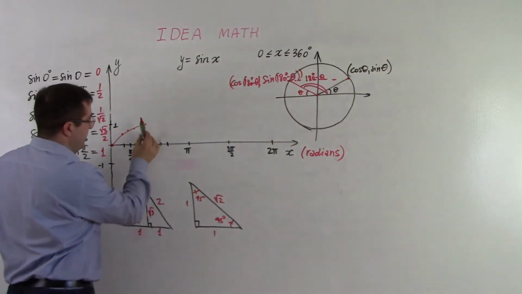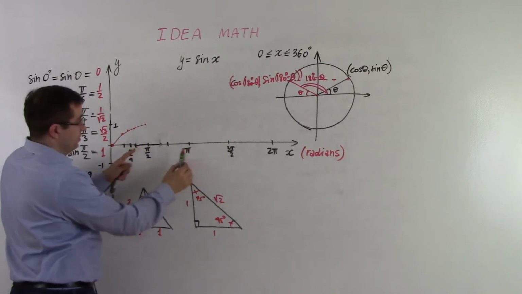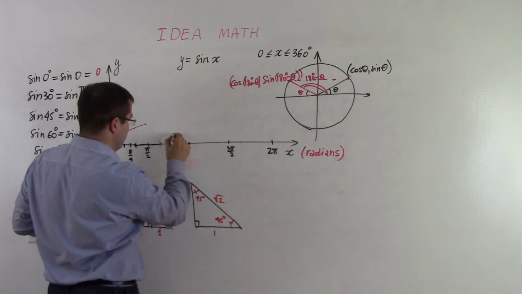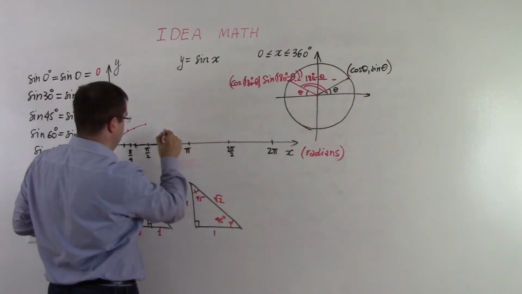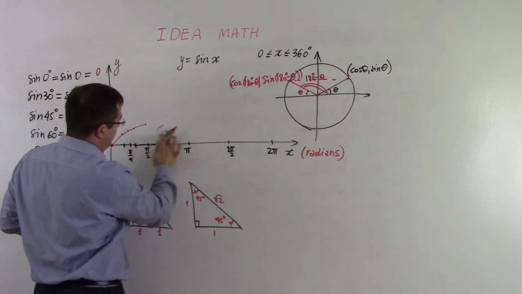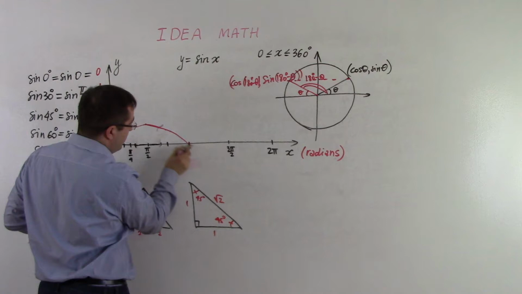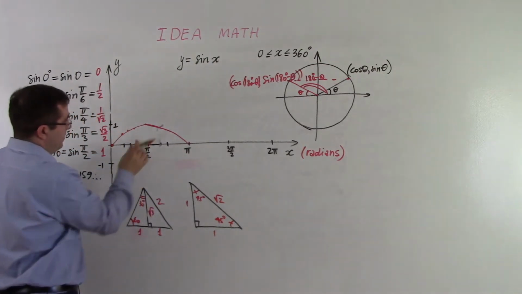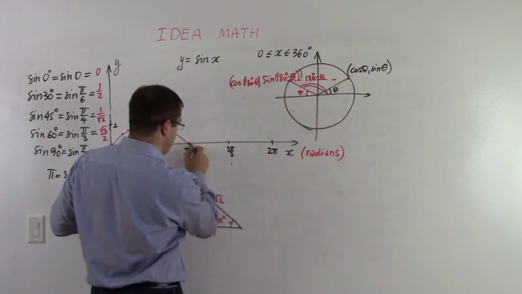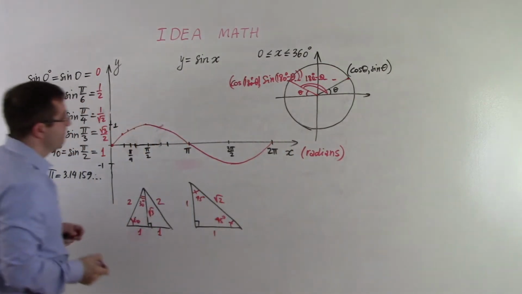So the graph will be symmetric once I go from pi over 2 to pi. So again, we plot our points very carefully with symmetry, and we should get something like that. And then we move on, and we get to here.